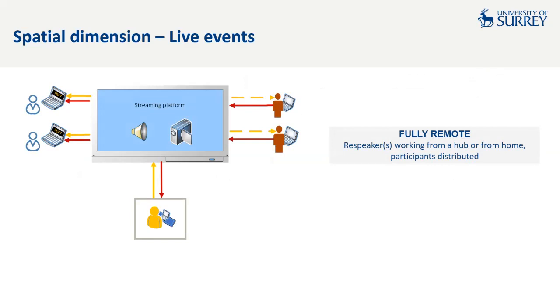And if two respeakers share the event, hybrid scenarios could arise, including semi-presence configurations where one respeaker is on site and one is working remotely. So all this is to say that the variety of working setups and participants distribution opens up the possibility of further spatial configurations which may have an impact on all dimensions of performance and deserve further exploration.